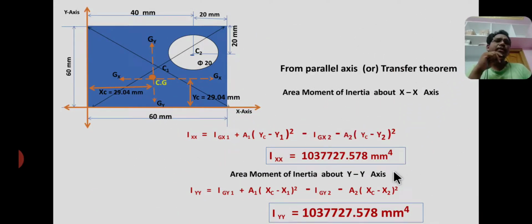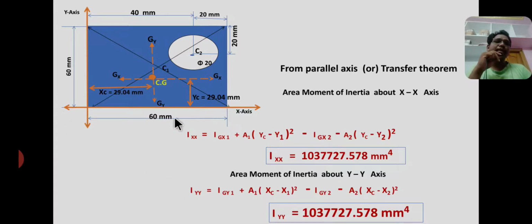To determine the area moment of inertia about the centroidal axis, here Igx, Igy are the area moment of inertia about the centroidal x-axis and y-axis, but Ixx, Iyy are the area moment of inertia about the reference axis.